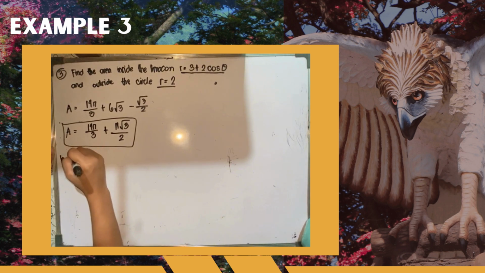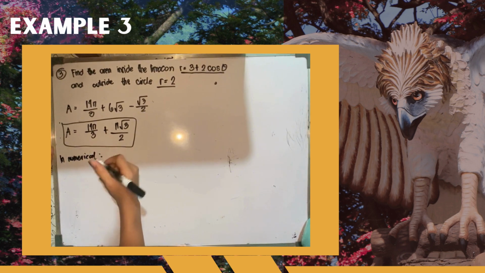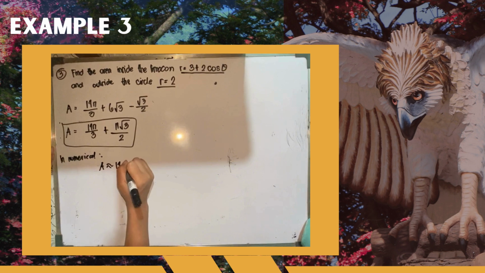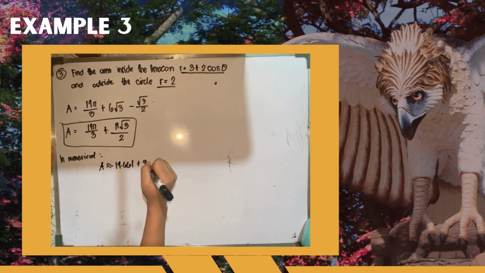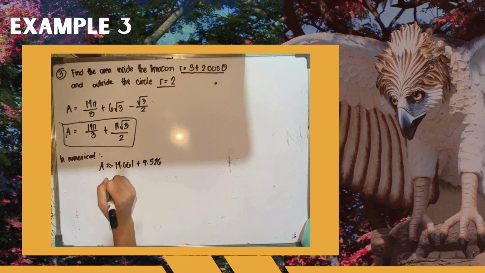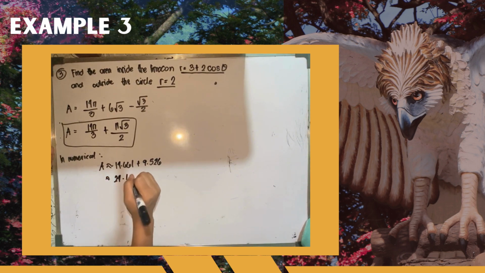In numerical answer, we will get area is equal to 14.661 plus 9.526, so 24.187 square units.